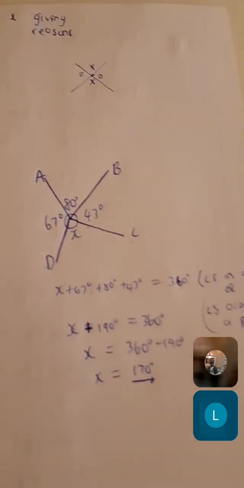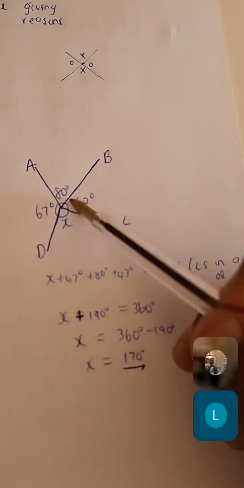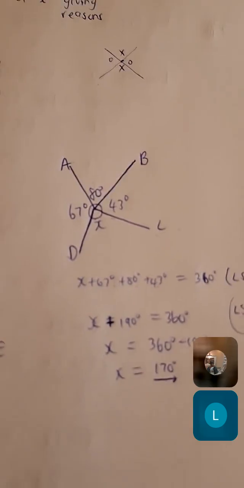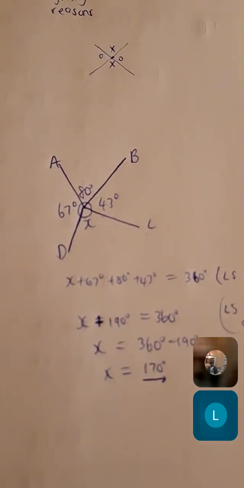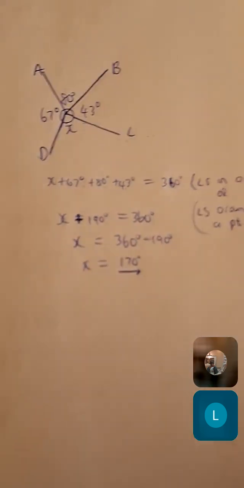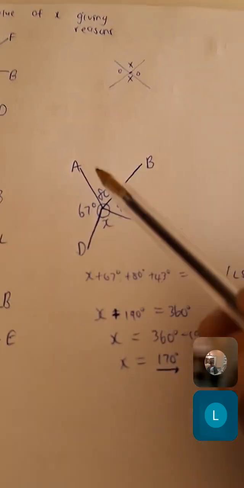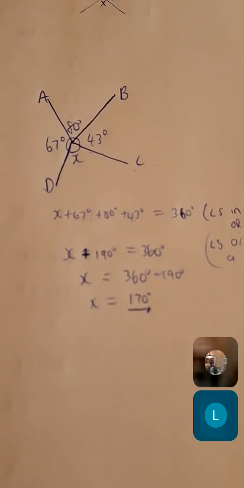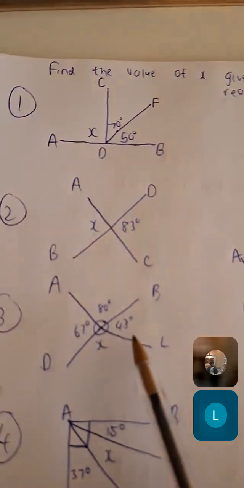You say angles on a straight line because the angles are next to each other, but are they on a straight line? No. So these are some of the things that we need to always pay attention to. Let's not take these things for granted. Otherwise, we'll think that we are answering the right thing, and then we find the marks are going somewhere else.